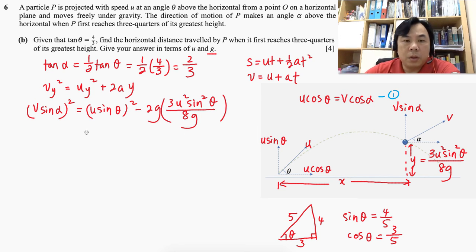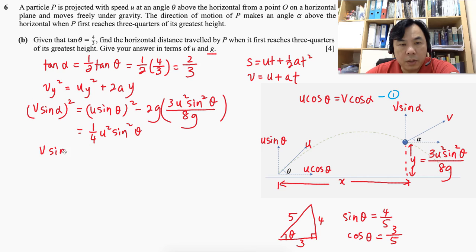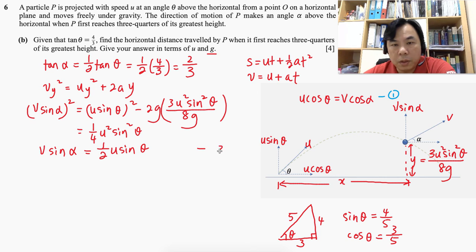You can see that from here we have indirectly obtained 1/4 of u squared sine squared theta, and we simplified that in our previous section to be 1 over 2 u sine theta here. Okay, so now we are ready. This one will be our second equation. We'll see whether we are going to make use of those. We're going to start off by using these two equations here.